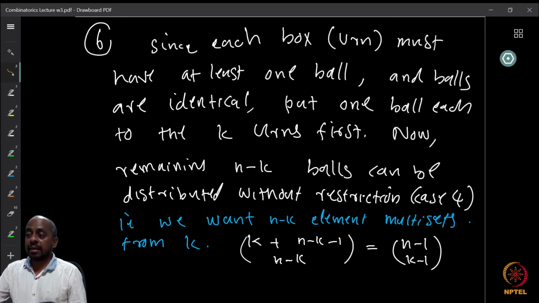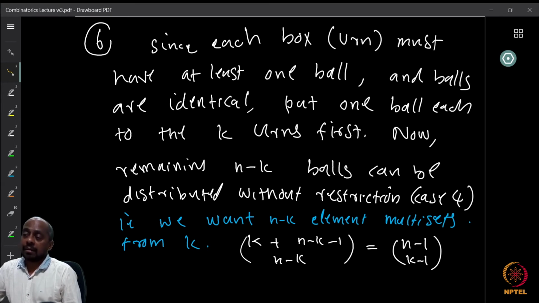So you have n minus k remaining balls, and that can be distributed without any restriction. That is something we already did in case 4: we want n minus k element multisets from a k element set.